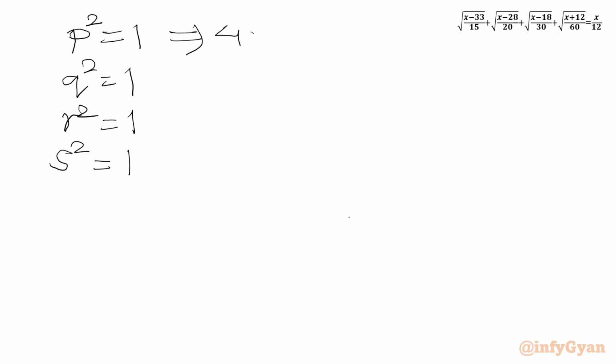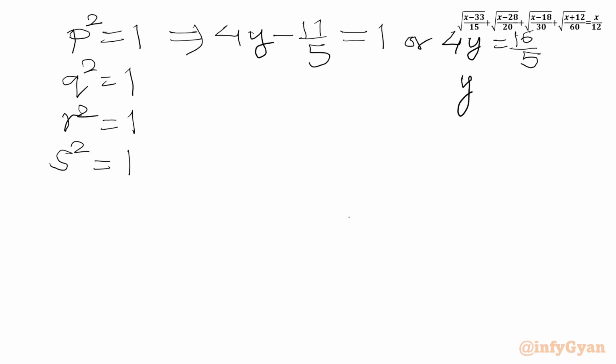So I will write here 4y minus 11 over 5 equal to 1. Or 4y will be equal to 1 plus 11 over 5, which will be equal to 16 over 5. So from here, after dividing by 4 both sides, we will get y equal to 4 over 5.